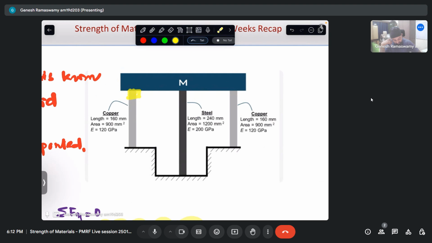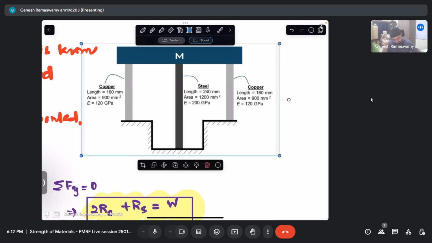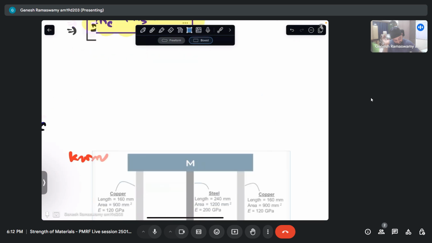By virtue of that being rigid, the change in length in the copper rod will be same as the change in length in the steel rod, which is what is the essential compatibility condition of this question. So let me take a copy of this.